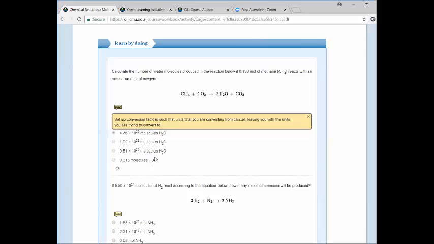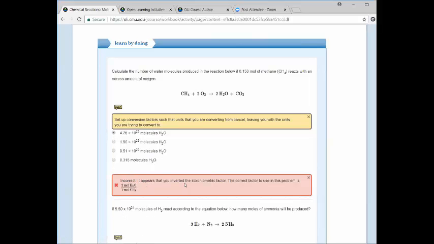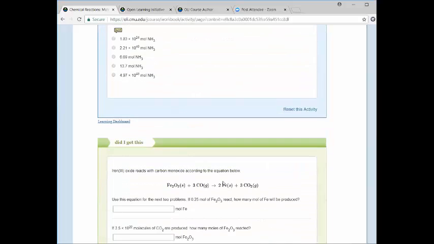So for instance, if they choose this one, they flip-flopped their stoichiometric factor, so that's the feedback that they get. For this one, if they've gotten this answer, they skipped a step. So the choices, again, are based on actual errors that students might make.